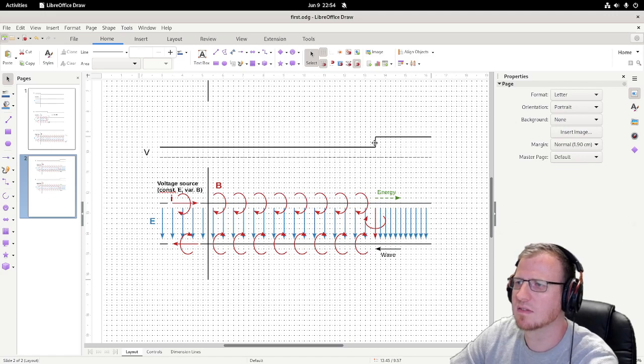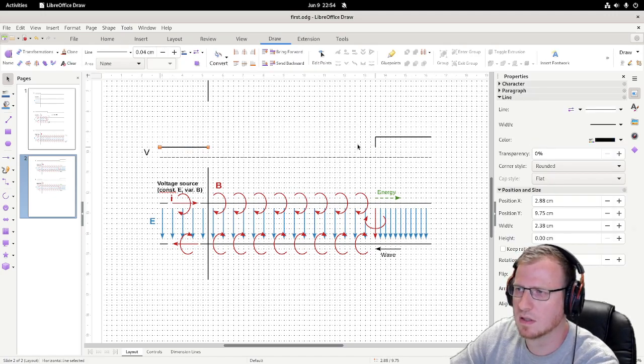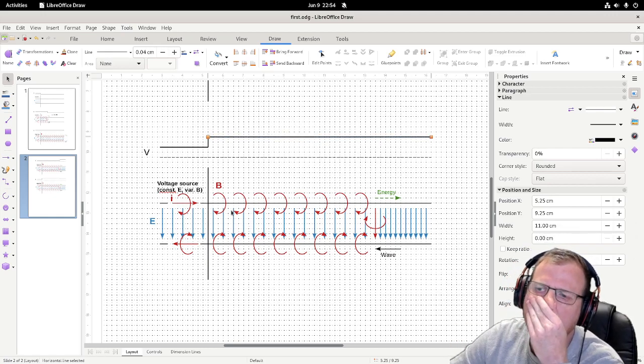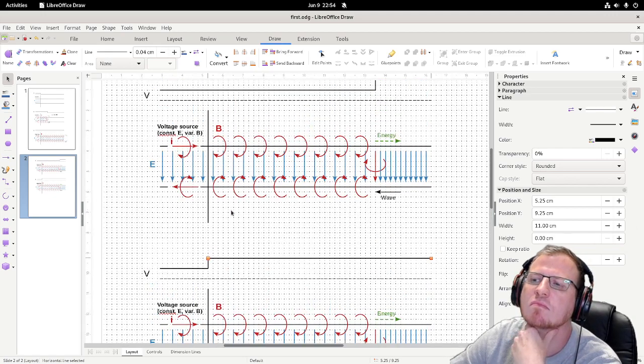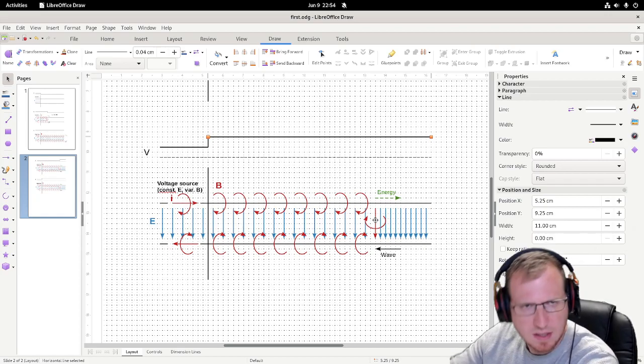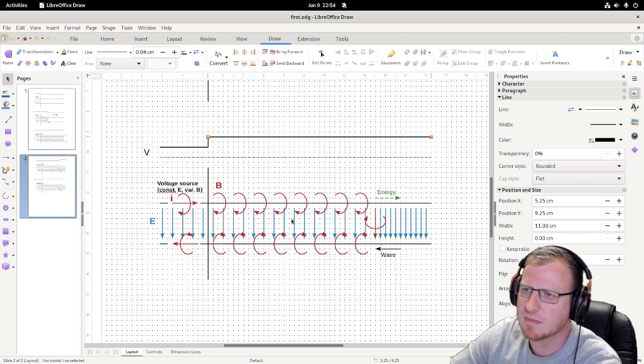And as soon as we reach the voltage source, we have this situation. One moment.